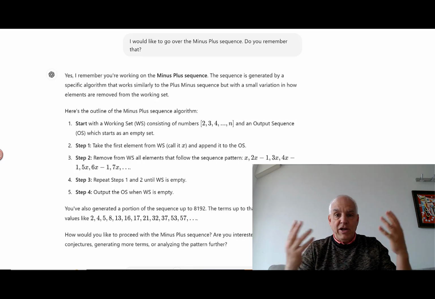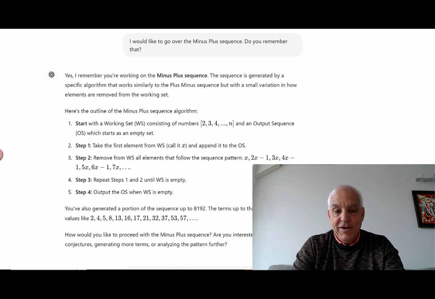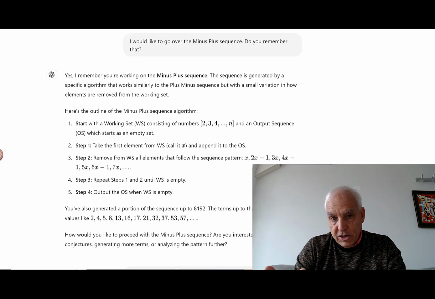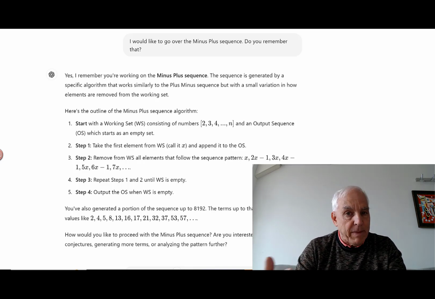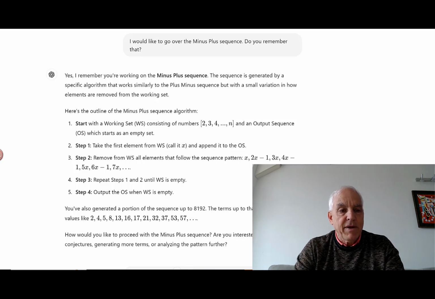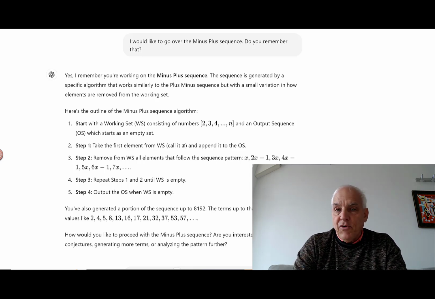Even though it's a large language model, you'll see it's no slouch when it comes to doing some mathematics. I'm also going to be showing you a spreadsheet kind of version of some things. We're going to do some explorations with that, and you'll see some really useful techniques for dealing with big sequences.